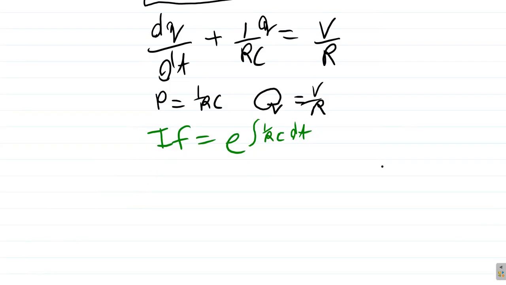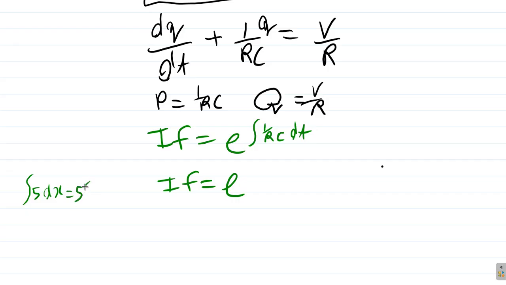So here now, what does this turn out to be? Our integrating factor here is e to the, now when you integrate here, remember 1 over RC is a constant, right? When you integrate a constant with respect to x, it's like you're saying integral of 5 dx. This would be what?